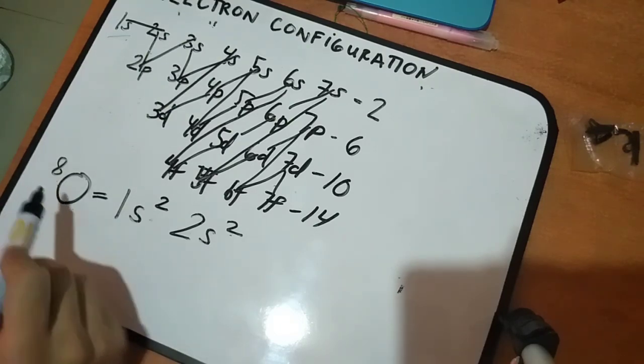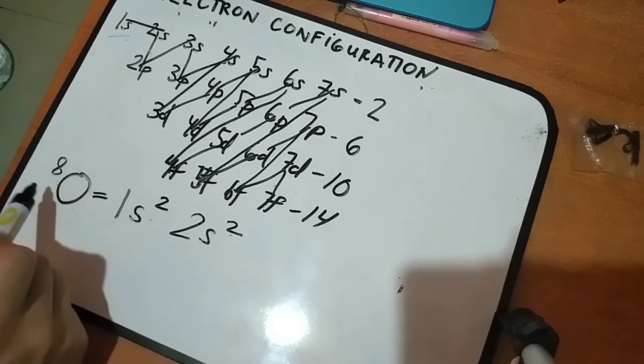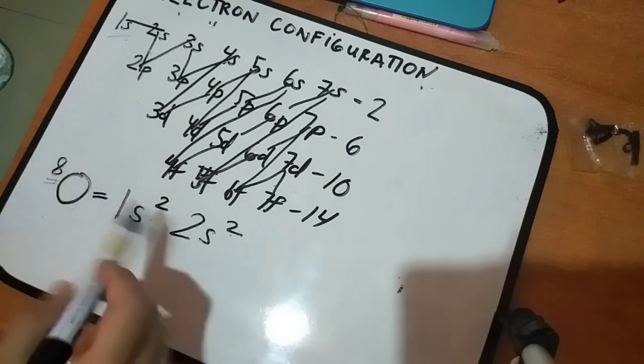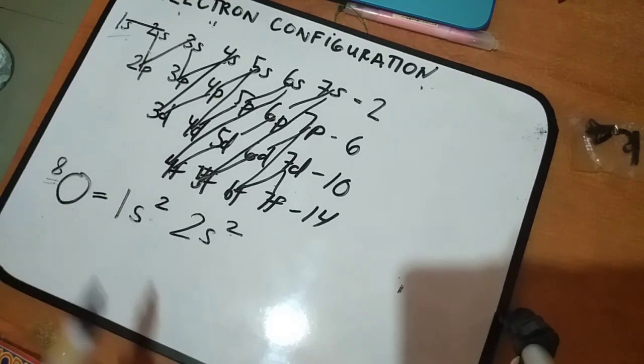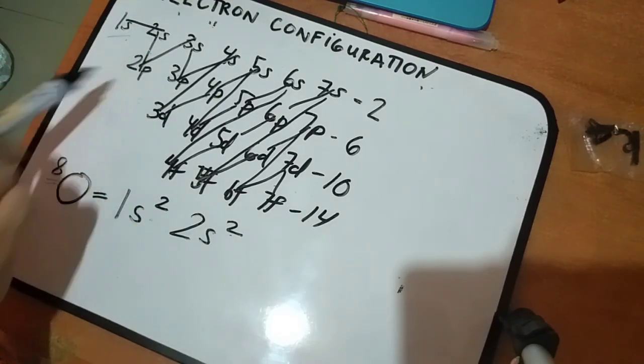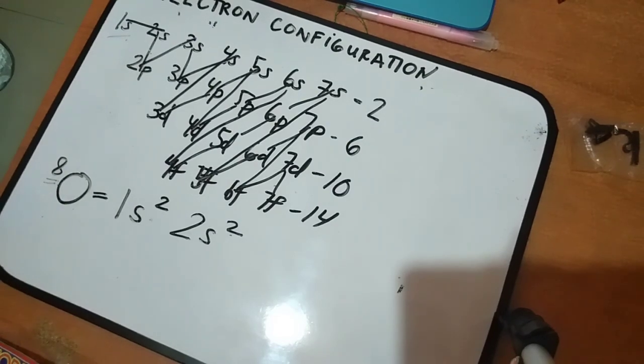Ang atomic number daw ng oxygen ay 8. So, ilan pa ang kulang? 4. So, after 2s2, we would move to 2p. Ano bang maximum ng P? 6 daw. The general rule, pwedeng magkulang, pero bawal sumobra.